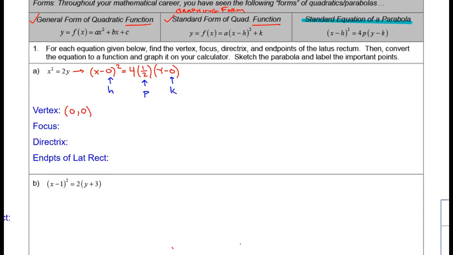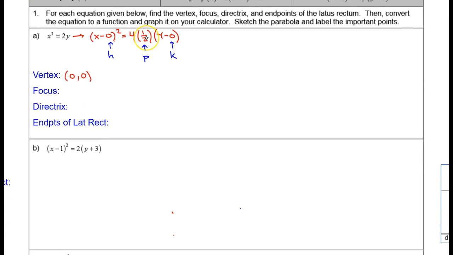So I need to adjust my y coordinate, and I need to adjust it up by 1/2 of a unit. So my focus is going to be 0 comma 1/2. And remember that is absolute value of p units above the vertex.